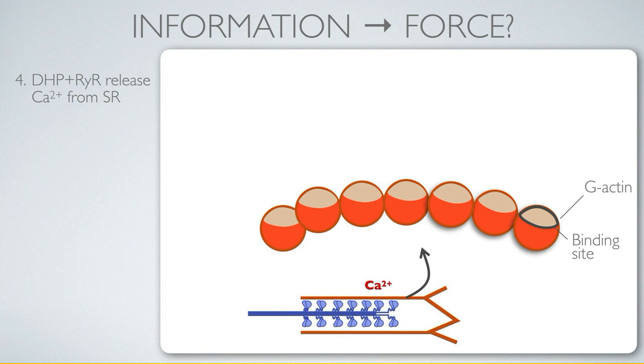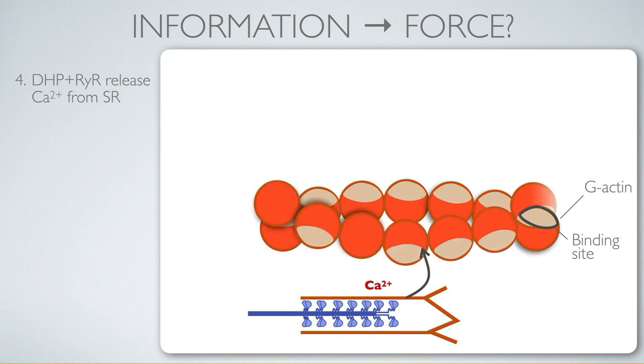It has a binding site for another protein we'll get to in a minute. This is almost like a beaded necklace, but the thin filament is composed of 2 beaded necklaces that are wrapped around each other to form a helical shape.